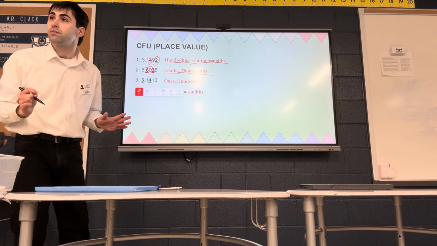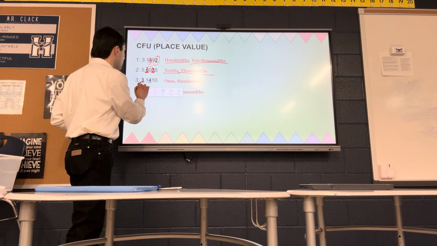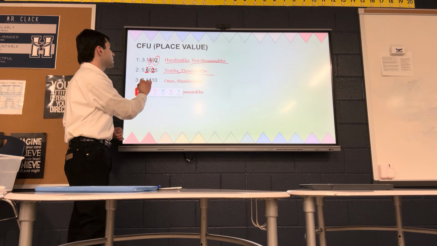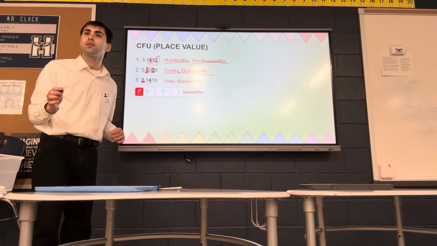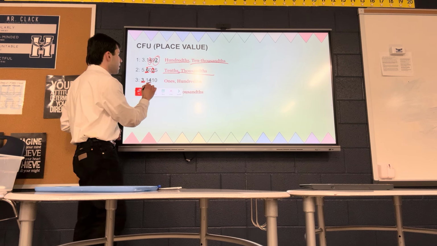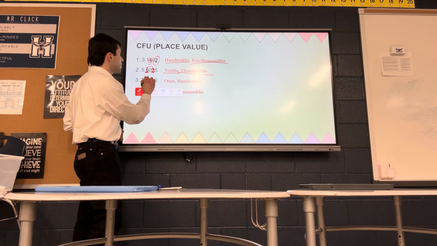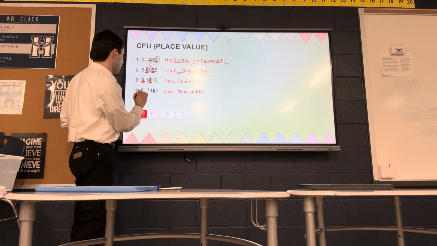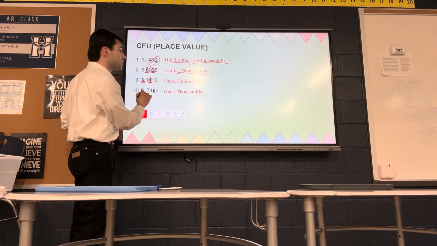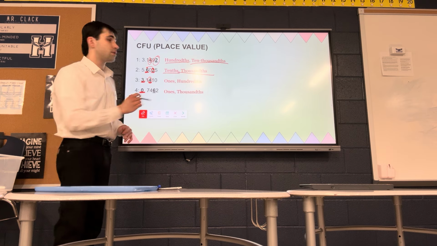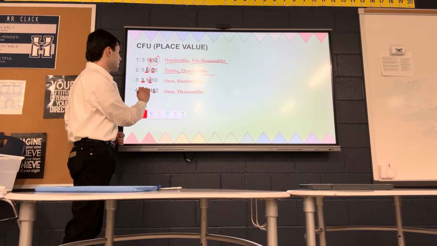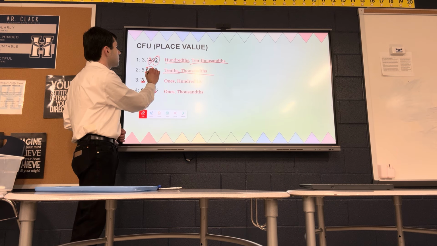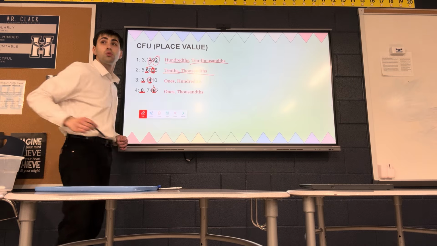Did we get that? This 3, because it's before the decimal point, it is in the ones place. And this 4, that's the hundredths place. This 0 is in the ones place because it is before the decimal. And this 6 is in the thousandths place, exactly the same place that this 2 was in.